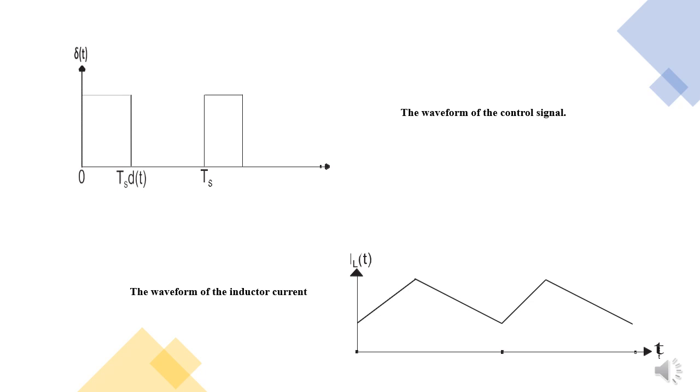The duty cycle, abbreviated as d(t), is a real number that falls between 0 and 1. It shows the proportion between the pulse width Ton and the switching period Ts. The average output voltage of the converter can be successfully controlled by adjusting the duty cycle.